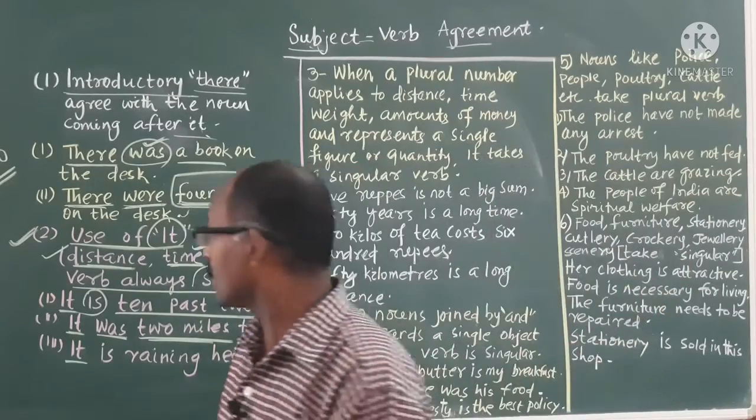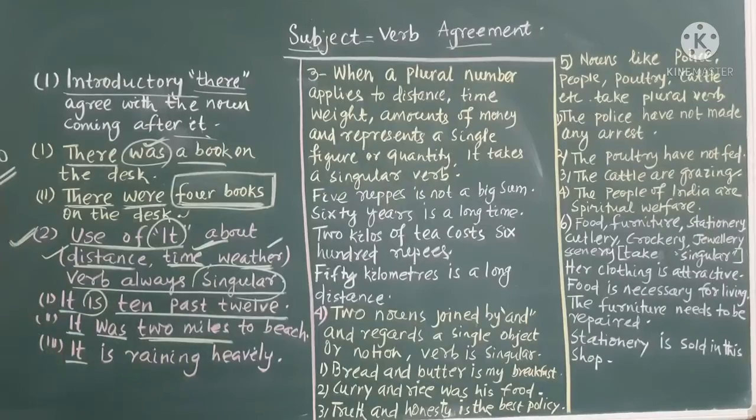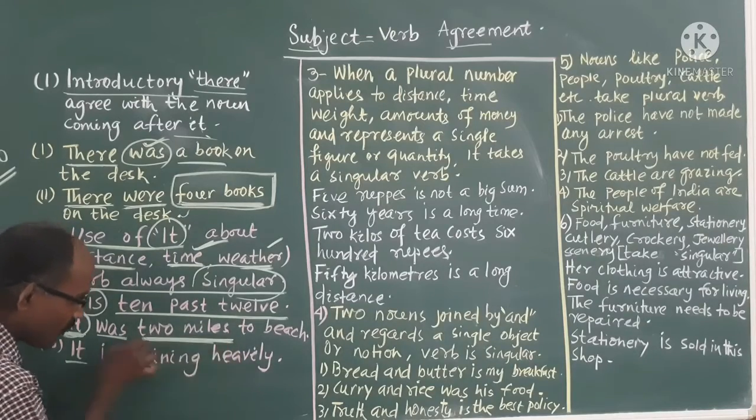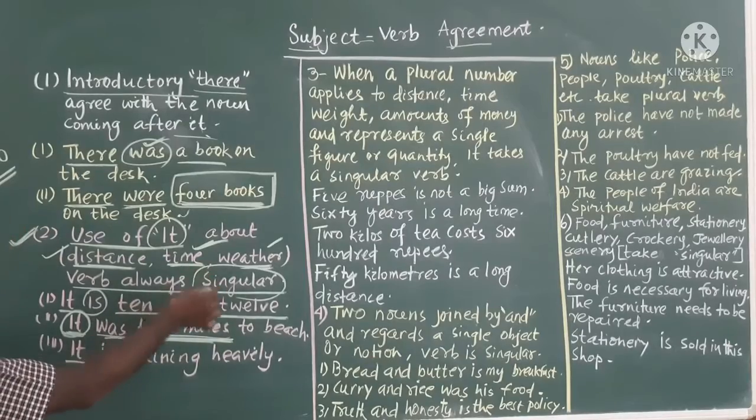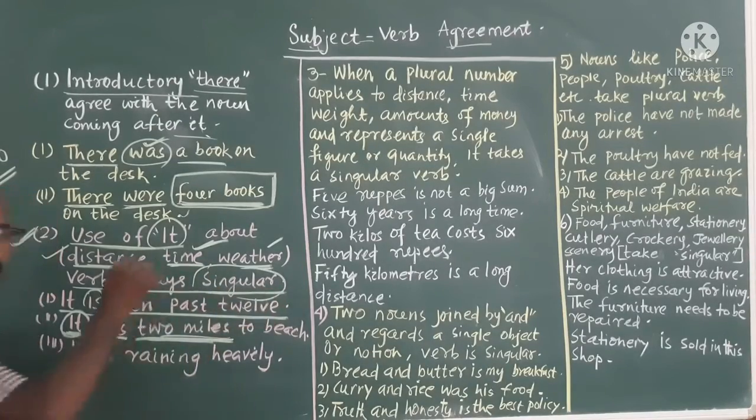But what are we thinking? We are thinking that since it comes first, it is the subject. No. Please remember, it was 2 miles. 2 miles is plural, but it always takes a singular verb, as I already told you.